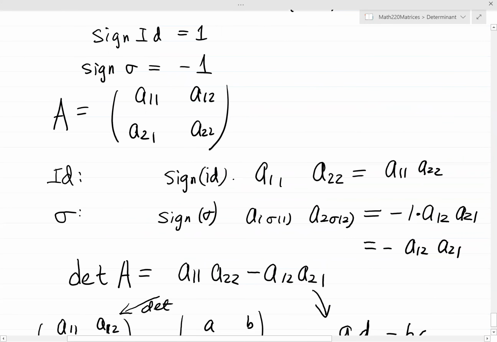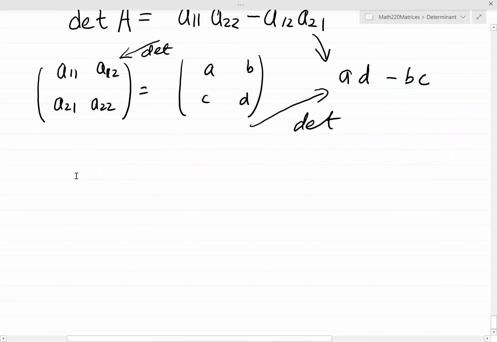So this gives us the general definition.